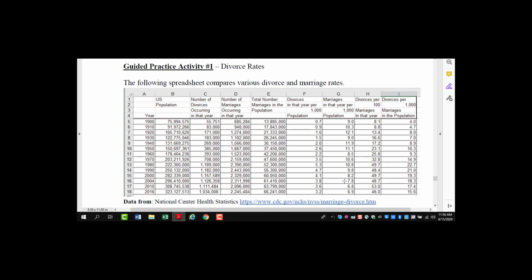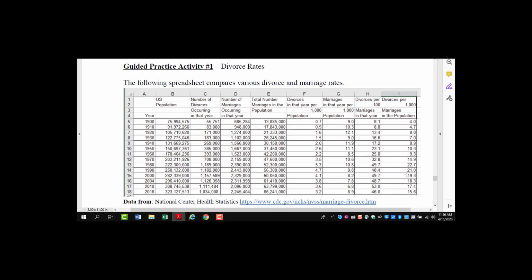This means there were 7.8 divorces that year for every 1,000 marriages in the population. This means that there were almost half, 48.7 divorces for every 100 marriages that year.